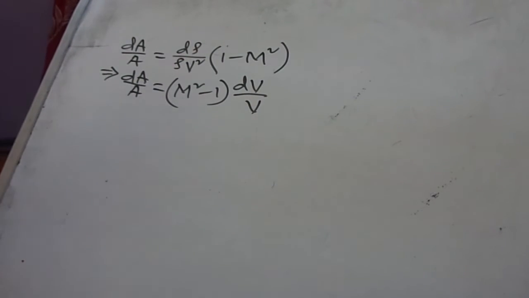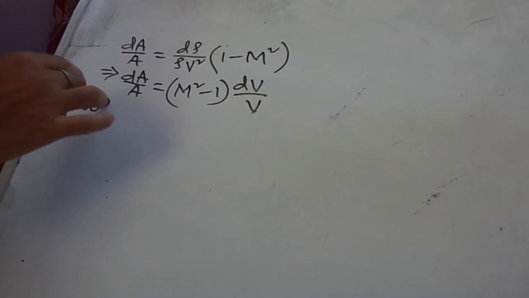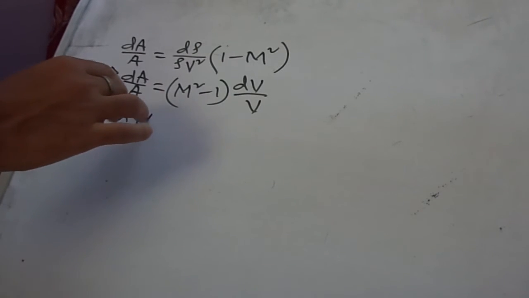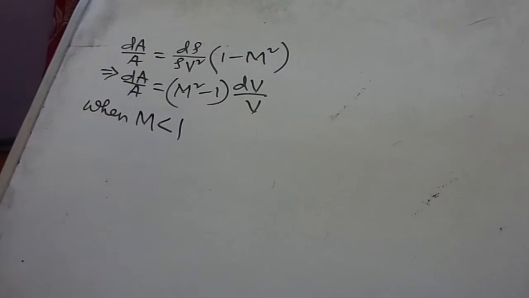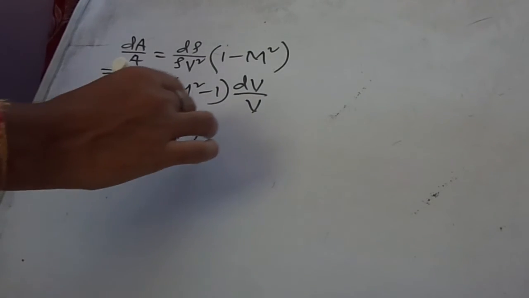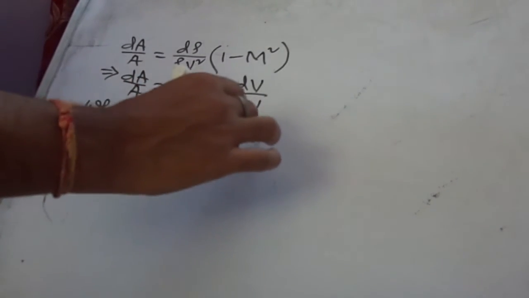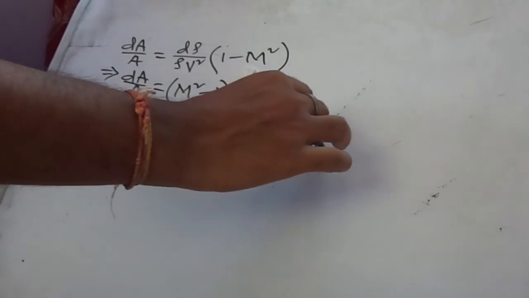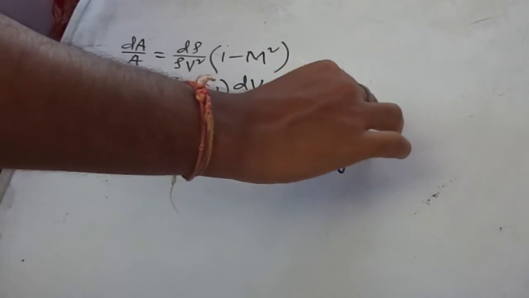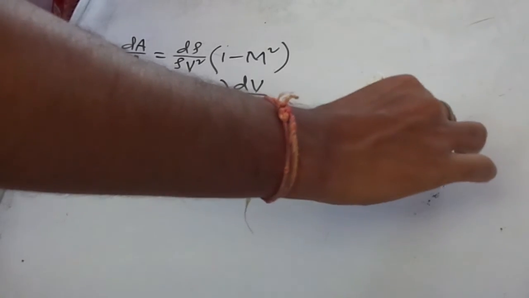When M is less than 1, the inlet velocity is subsonic.